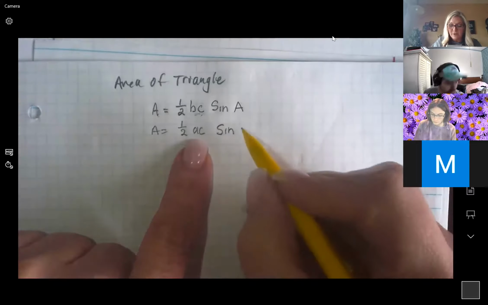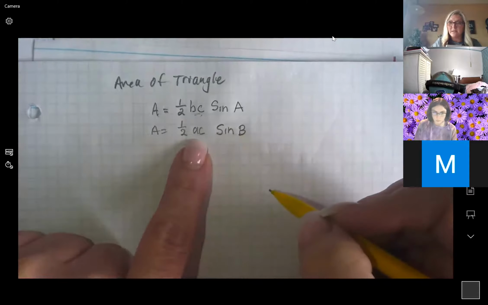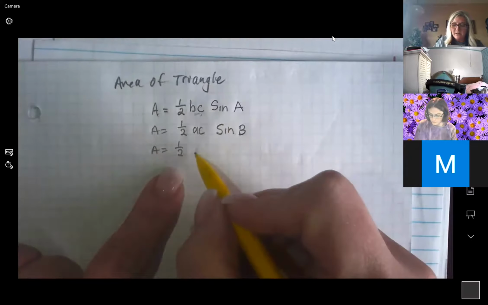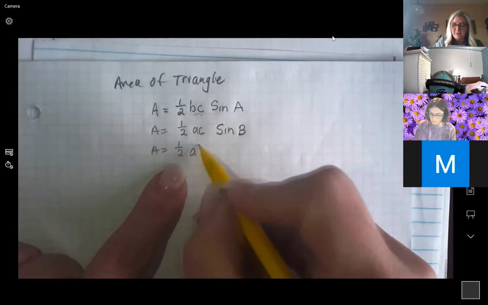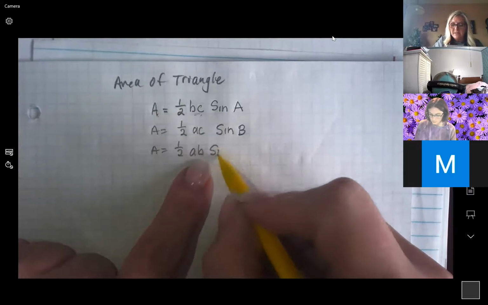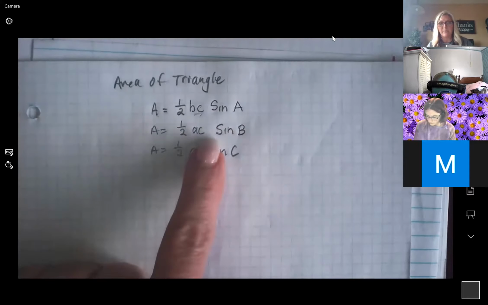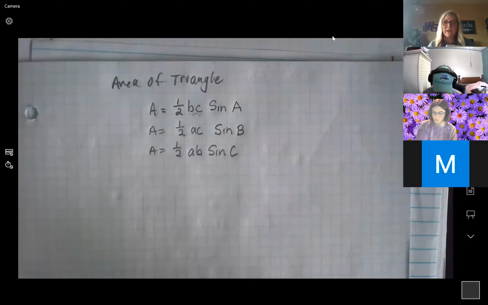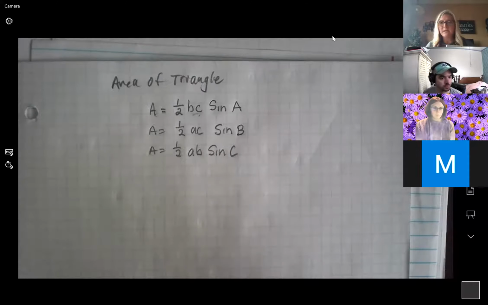B. Good, it's the one that falls between A and C. The other combination I have is B and C, A and B, and then we would have the sine of C. There shouldn't be a gap there. That's just the same formula, depending on what 2 sides and what angle you have. Like I said, I'm going to give you one that's already in the side angle side pattern. If you didn't have that, you would need to work your triangle to get whatever side angle side.